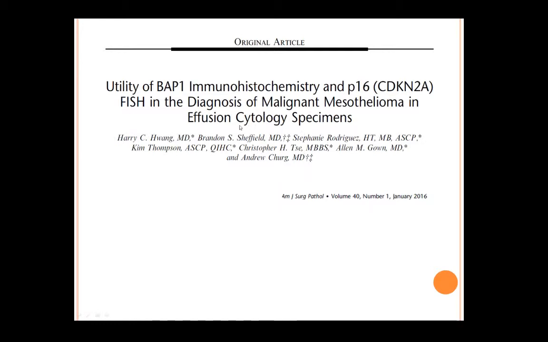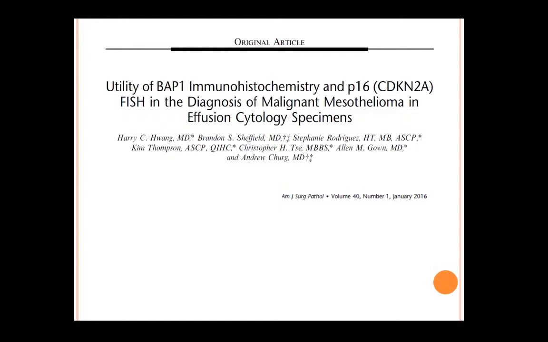I wrap up my talk with my last slide, which is a study that was published last month. As I mentioned before, the diagnostic use of cytology for diagnosis of malignant mesothelioma is controversial, and some institutions are not comfortable making this diagnosis on cytology specimens. However, in this study, they used BAP1 and FISH both on cytology specimens to show the utility of these two stains in effusion cytologies.